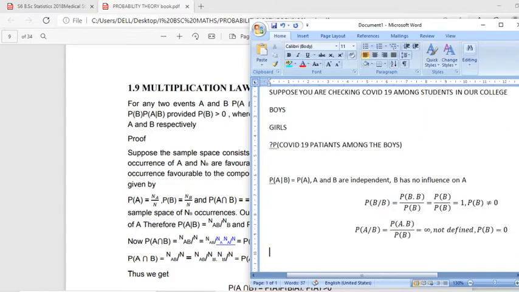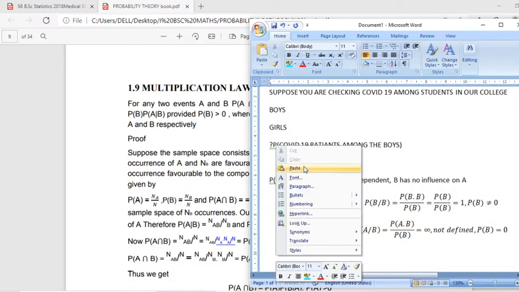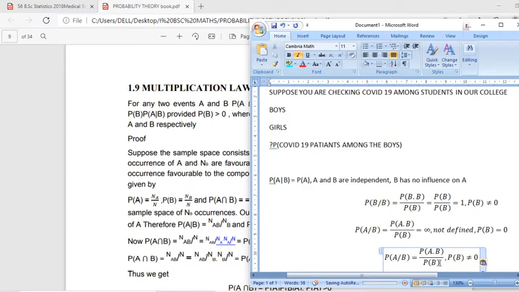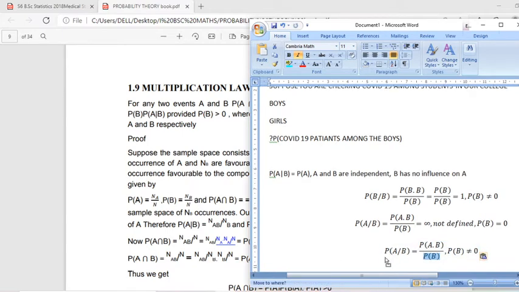So if we rearrange this conditional probability, that means if we put this to the left side, probability of B into probability of A given B is equal to probability of A intersection B. So this is the multiplication law.